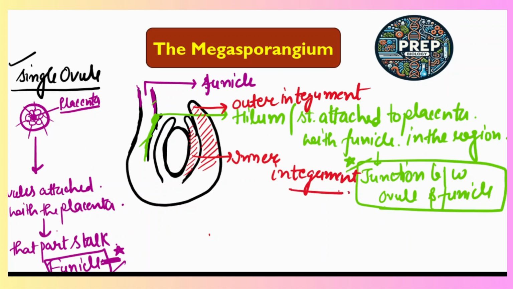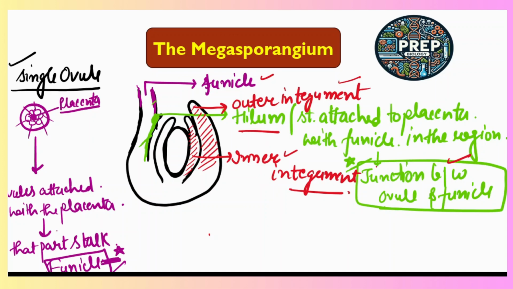Note it down carefully. Outer integument is the outermost protective layer of the ovule. Inner integument is the inner layer that protects the ovule. Hilum is the junction between the ovule and funicle.